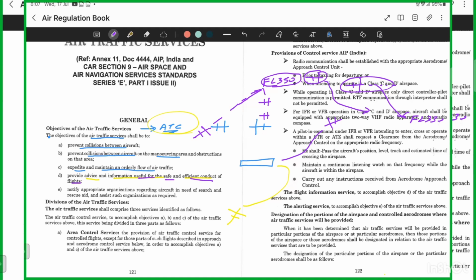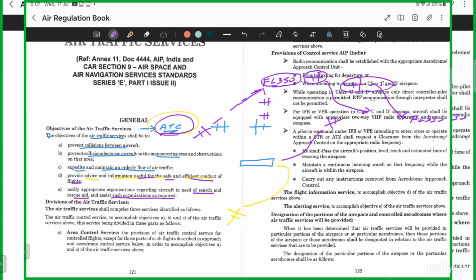Next, notify appropriate organizations regarding aircraft in need of search and rescue aid and assist such organizations as required. Let's say your aircraft crashes. Who will come to know first? ATC, because he's the only person you are talking to in the air, no?